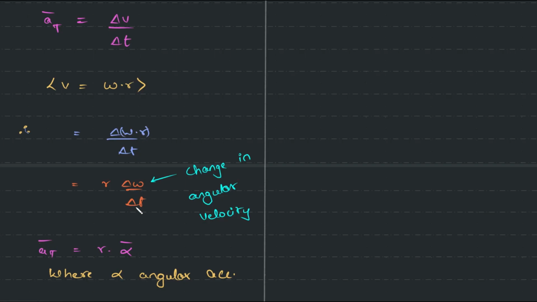So we have delta omega by delta t. Delta omega by delta t can be defined as alpha, right? So for the instantaneous case, you have a_T is equal to r into alpha, as simple as that.